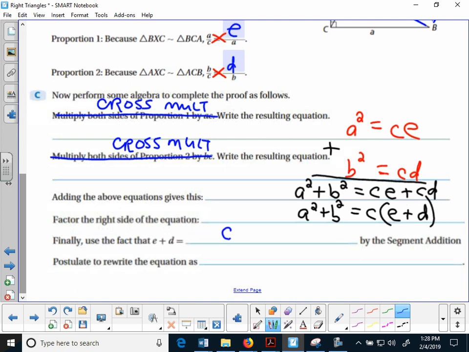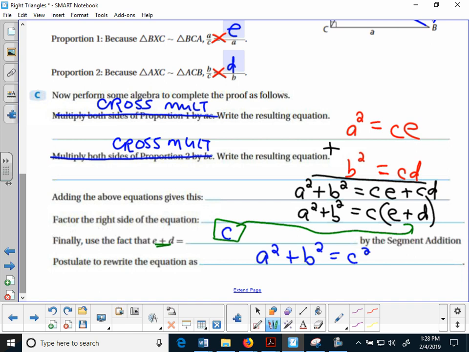Then it says to rewrite the equation as A squared plus B squared equals C squared. So understand what happened. We took this C right here. Because E plus D is equal to that, we went back into this equation, and where we saw E plus D, we put C. What property is that?